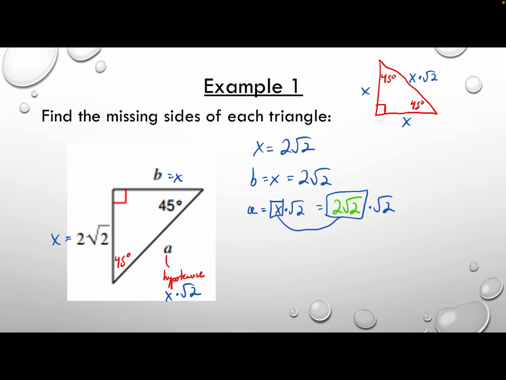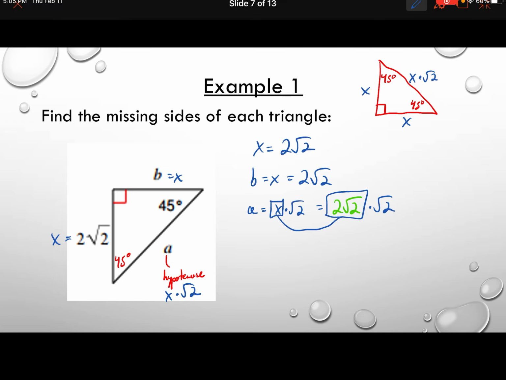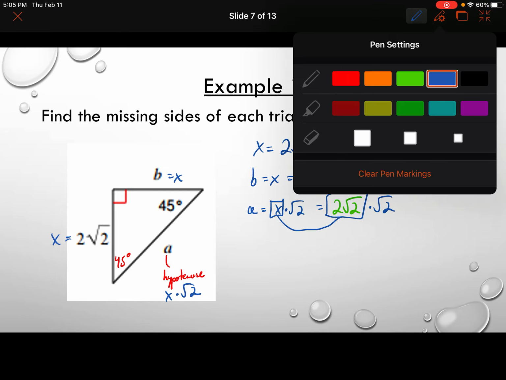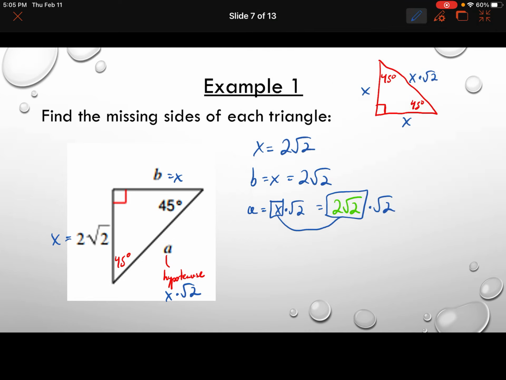What is 2 square root of 2 times square root of 2? Well, for those who remember the way we multiply square roots, you literally just multiply the numbers inside the square roots. So that means our final answer is 2 times square root of 4, because 2 times 2 is 4, right?